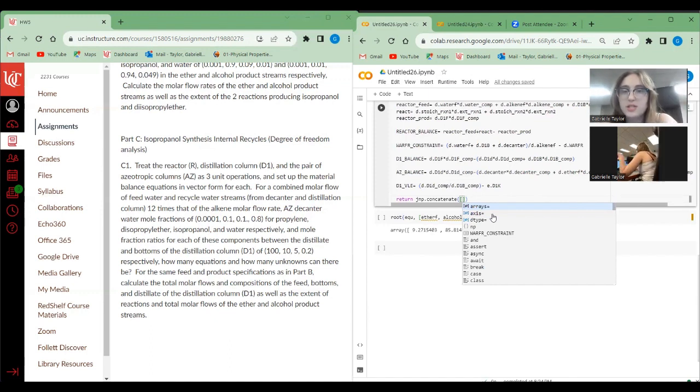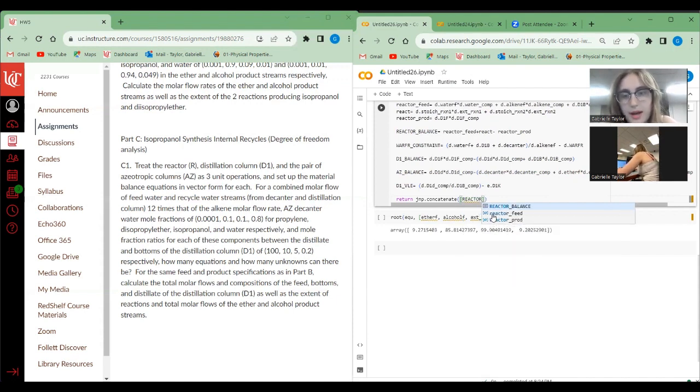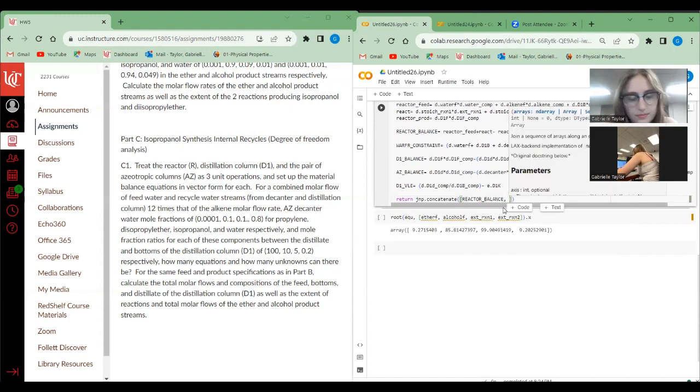We're going to put these all in here, and they're all going to give us some sort of variable, so they're going to give us multiple equations. When we do the concatenating function, this will let us solve for multiple different equations. We're going to have a lot of equations. So let's do the reactor balance, and then the D1 balance, and then our azeotropic balance.